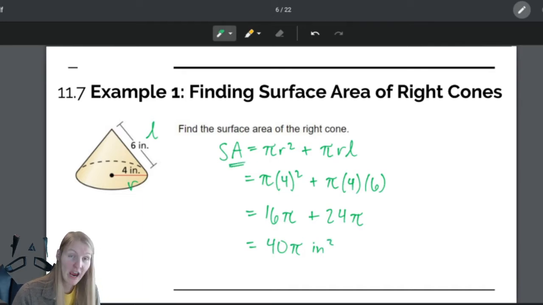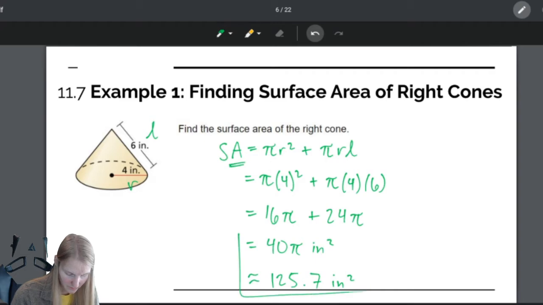So that's our exact form, because we have 40 pi, and pi is irrational, so we would have a crazy decimal. But if I do 40 times pi, I will get my approximate answer with the giant decimal, which is approximately 125.7 inches squared.